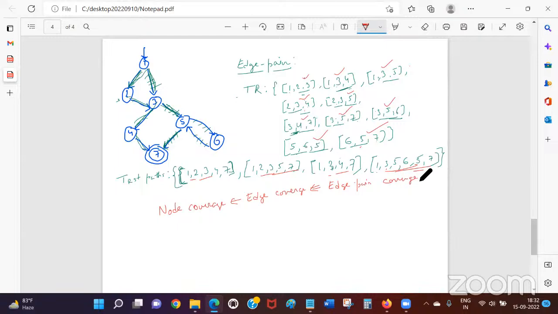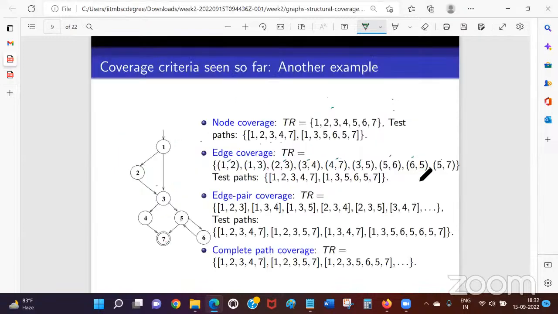Okay, so let us go for the next. There is something called complete path coverage. Complete path coverage means you have to go for all possible paths.